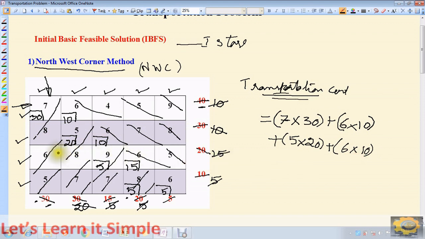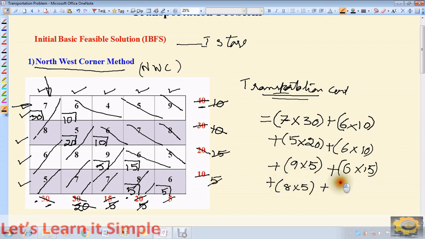Now the next allocation is cell 3, 3, where the cost is 9 and the number of allocation is 5. And next is this one, where the cost is 6 with allocation 15. And next we have cell 4, 4, where the cost is 8 and the number of allocation is 5. And last we have 6 into 5.